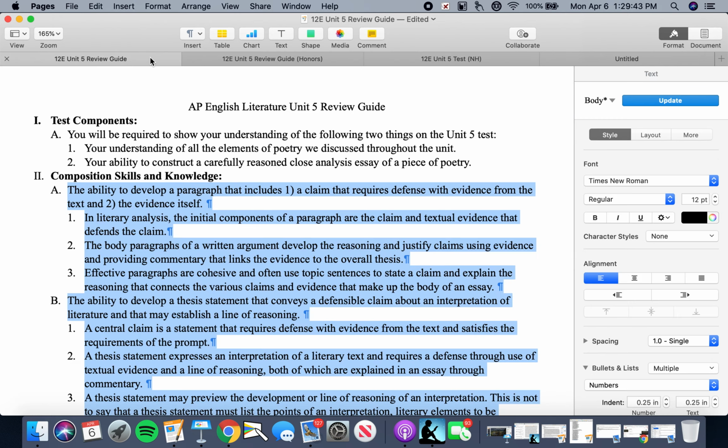So again, just an example of the ways in which poets use structure or form, both in closed ways and open ways in their poems.